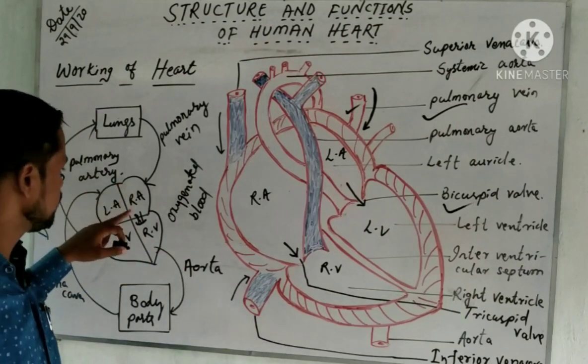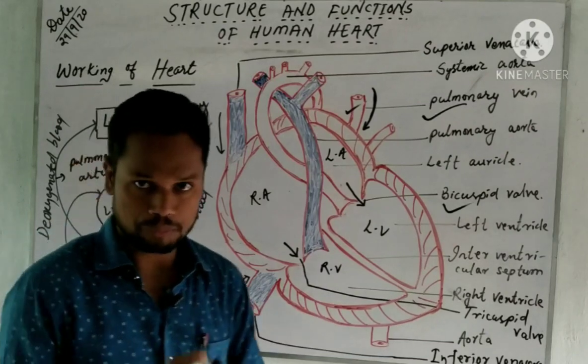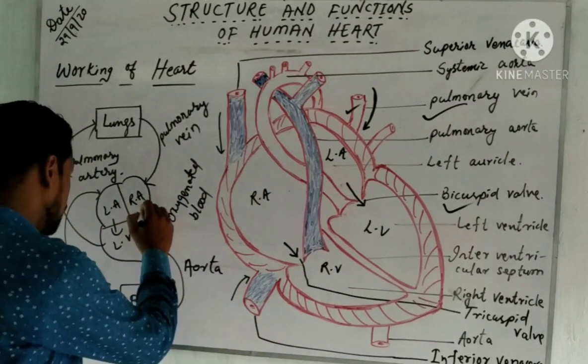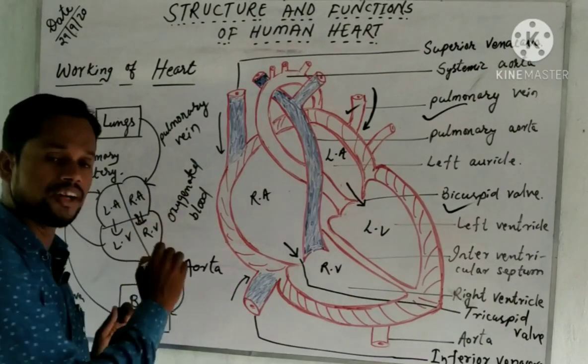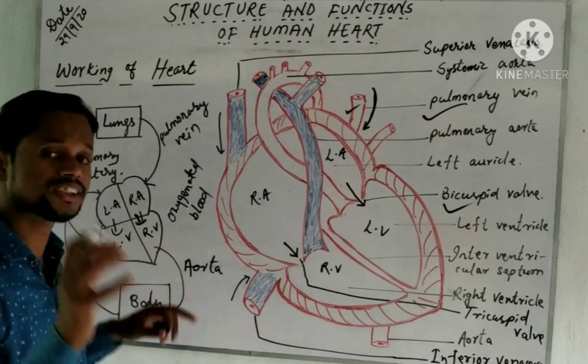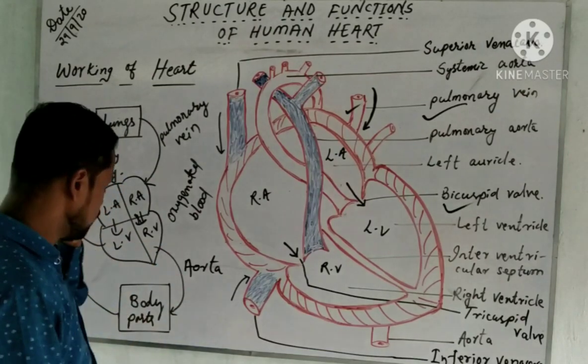Once blood reaches the right ventricle, it cannot go back. That is the property of a valve. Now the right auricle will relax, and the contraction of the right ventricle will start.